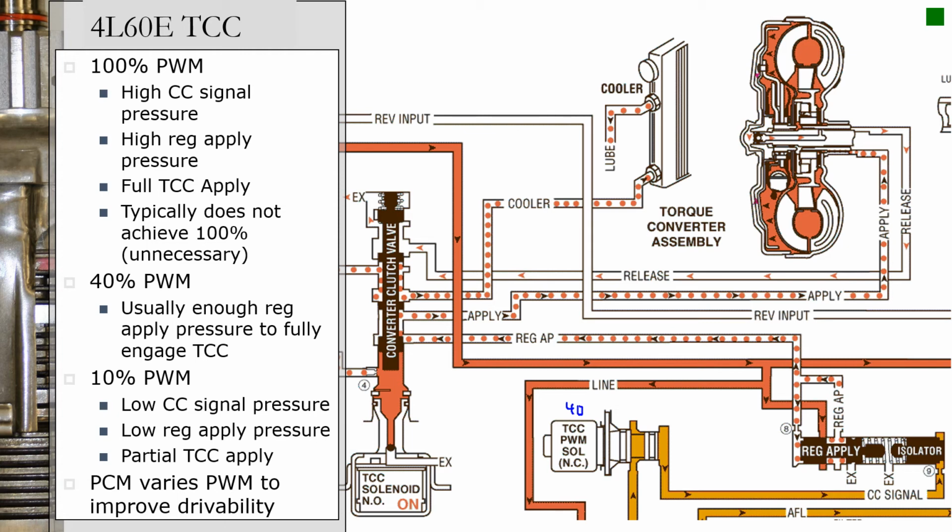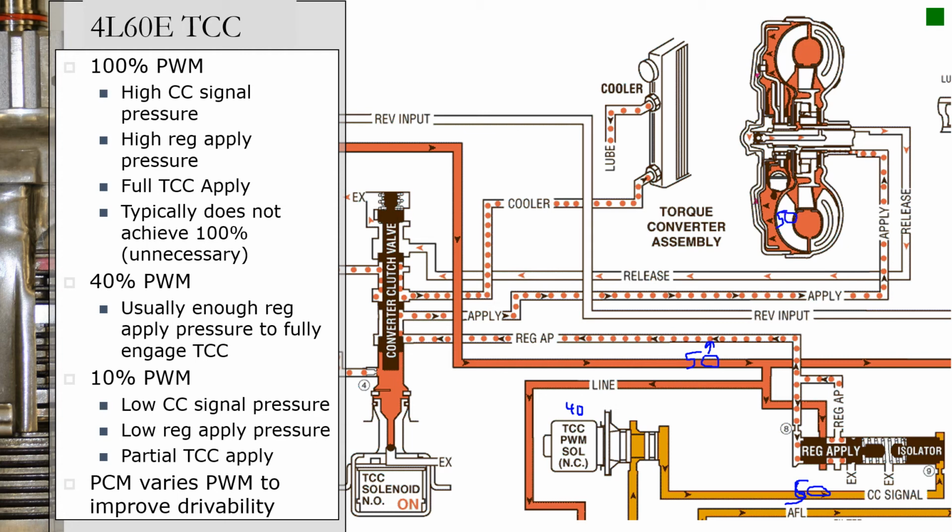Let's just say, because I kind of guess at this, since 0 is 0 and 100% is 115 psi, I'm going to say that we're probably going to be around 50 psi. So I have about 50 psi of converter clutch signal pressure, which also means I have about 50 psi of TCC apply pressure. Oh, drew that on the wrong line there, but that means I'm going to have about 50 psi inside my converter applying that clutch.